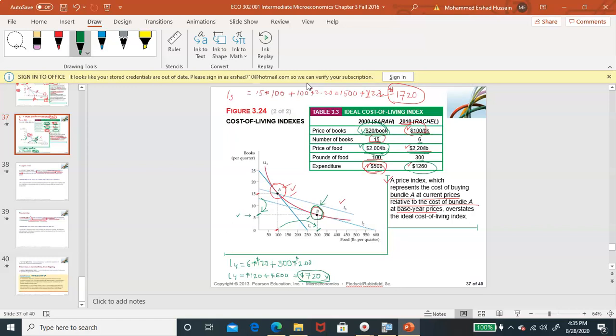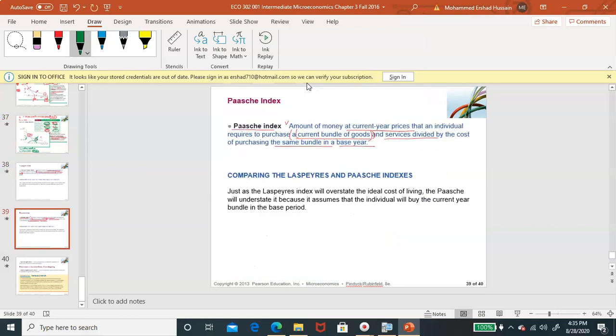So we are moving from A to B with different combinations of the goods. Now, comparing the Laspeyres and Paasche indexes, just as the Laspeyres index will overstate the ideal cost of living, the Paasche will understate it because it assumes that the individual will buy the current year bundle in the base period. So that is what we have seen, L4.